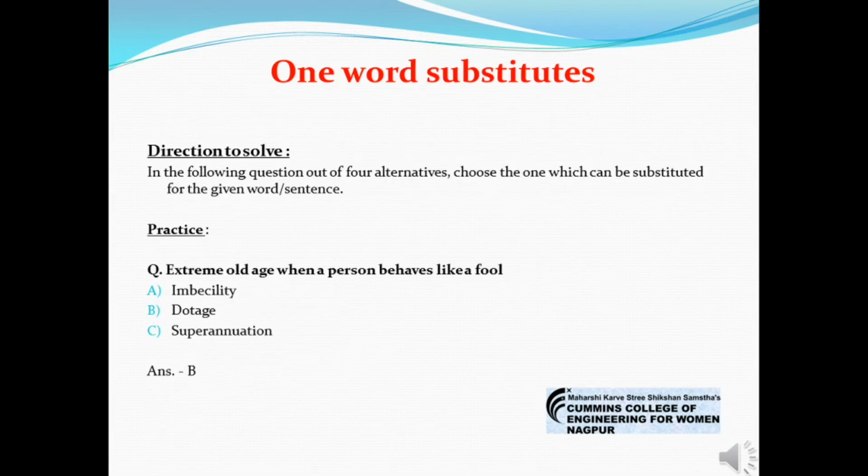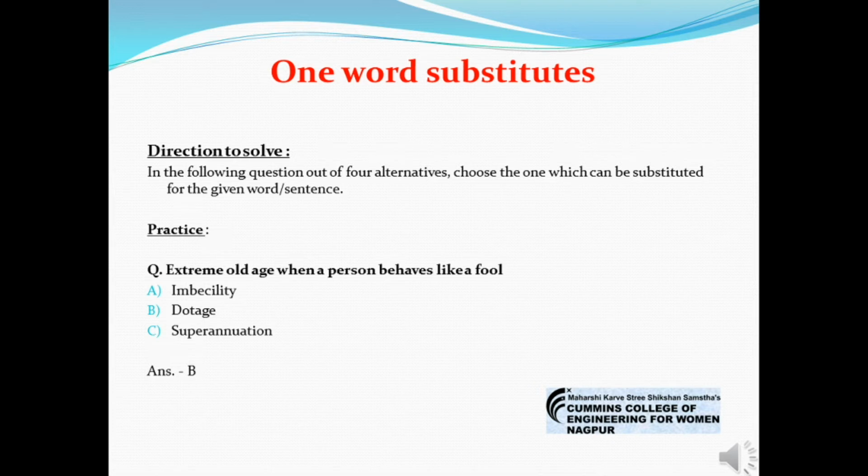Next is one-word substitutes. One-word substitution questions in English are an important part of English proficiency tests in all kinds of competitive examinations. One single word used as a replacement for a group of words also maintains, to a great extent, a higher level of language. For example, we have the tendency to speak or write in a garrulous manner.